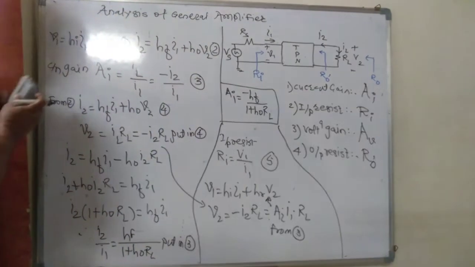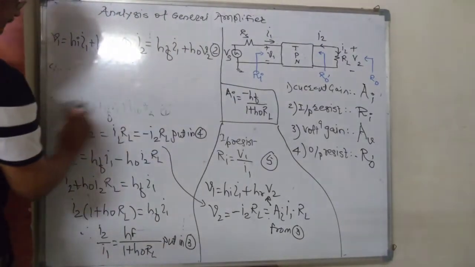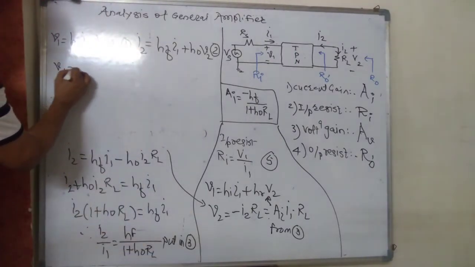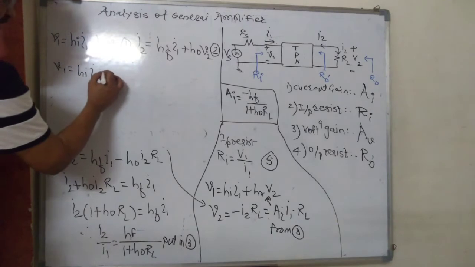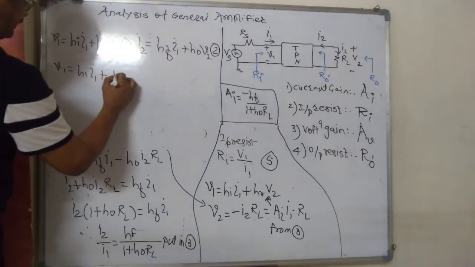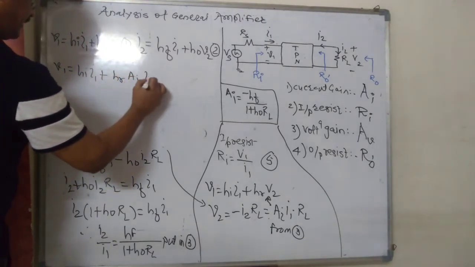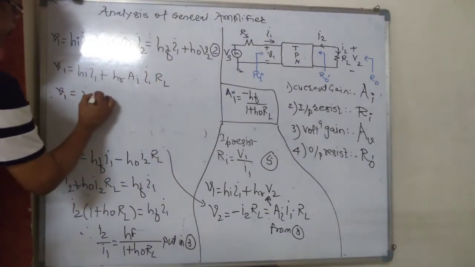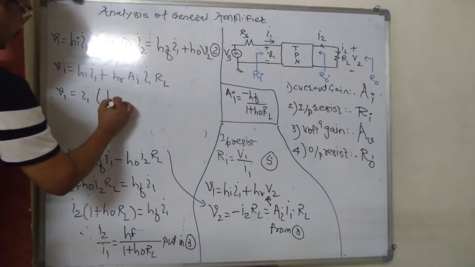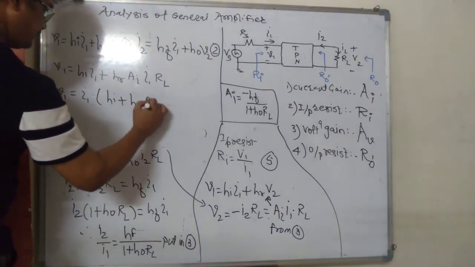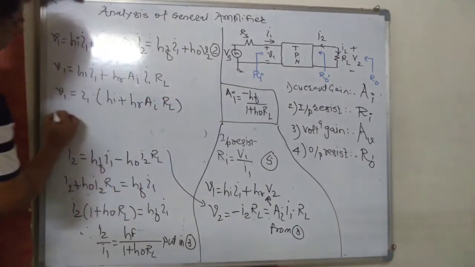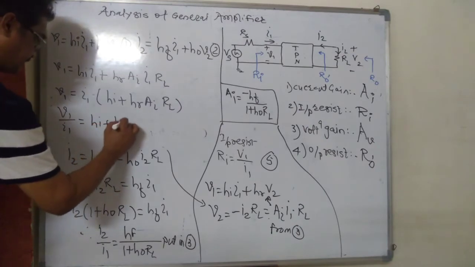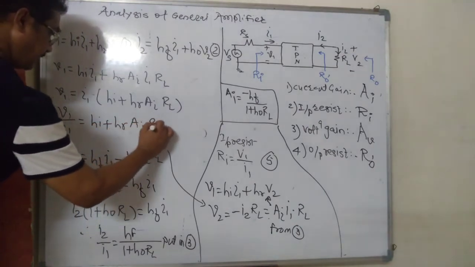Then we get V_1 is equal to h_i I_1 plus h_r A_I I_1 R_L. Taking I_1 common, V_1 upon I_1 is equal to h_i plus h_r A_I R_L.